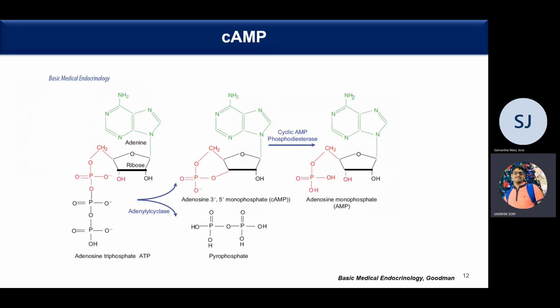In the next slide, I have shown you how the catalytic cycle works. As you can see, this is adenosine triphosphate. In the presence of adenylyl cyclase, two pyrophosphates go out from the ATP and the cyclic AMP is formed.